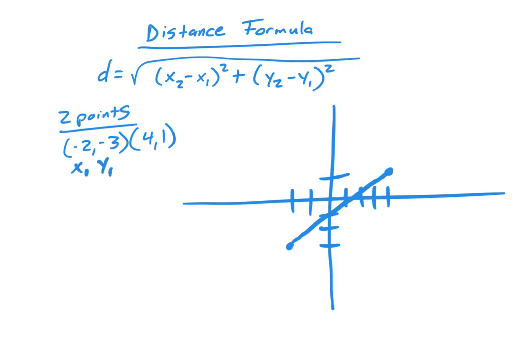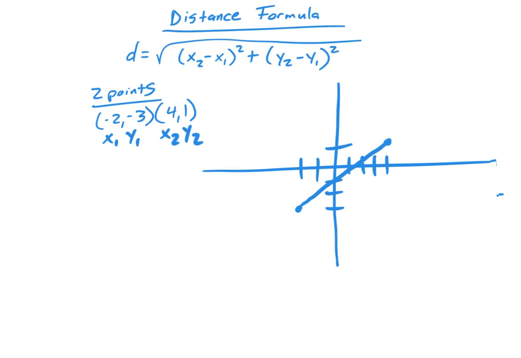We're going to label these 2 ordered pairs as x1, y1, x2, y2. First x, first y, second x, second y. That's all that means. It doesn't matter which one comes first, which one comes second. I could label this one as x1, y1 if I wanted to. Okay, order doesn't matter here. We're going to plug this into the formula. So we're going to go x2 minus x1.